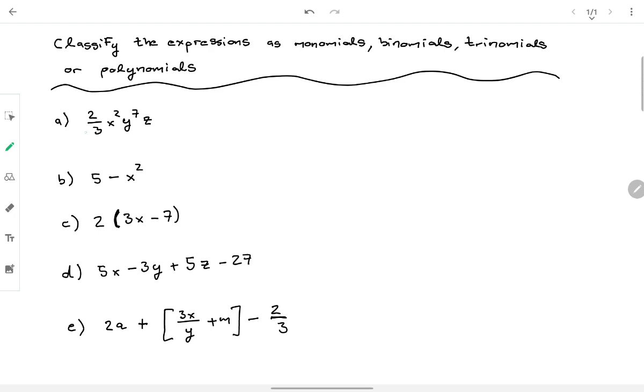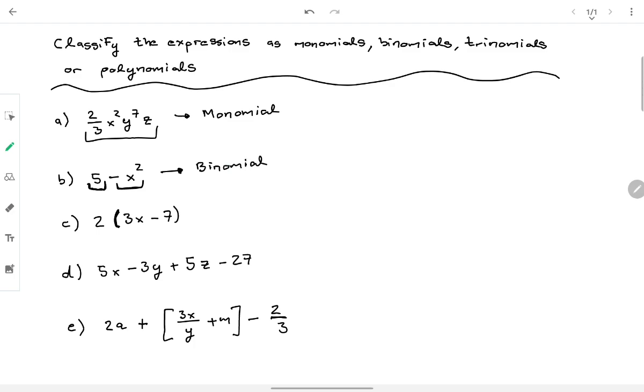So this expression is only one term, and we can classify it as a monomial. In the second one, we have a minus sign, so we will have this term and this term. So we will have two terms, so this will be called a binomial.